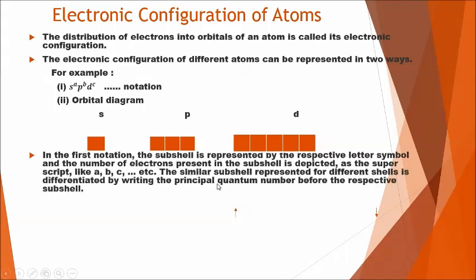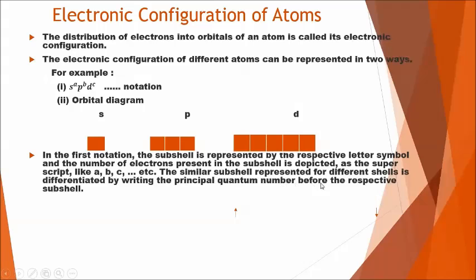Now let's see the first notation. The subshell is represented by the respective letter symbol s, p or d. That is, the orbital or subshell is there. And the number of electrons present in the subshell is depicted. We should know how many electrons are there according to the atomic number, and we'll write it as a superscript like a, b, c. Here it is written.